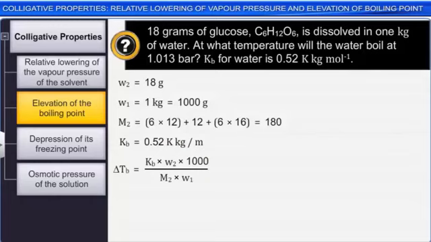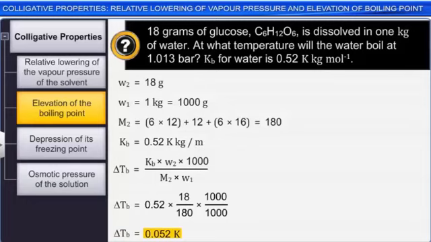Substituting the values in the expression delta Tb is equal to Kb multiplied by W2 multiplied by 1000 divided by M2 multiplied by W1, and on solving, we get delta Tb is equal to 0.052 Kelvin.